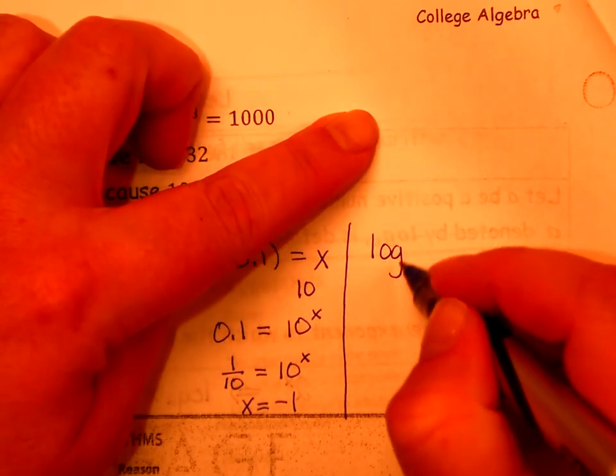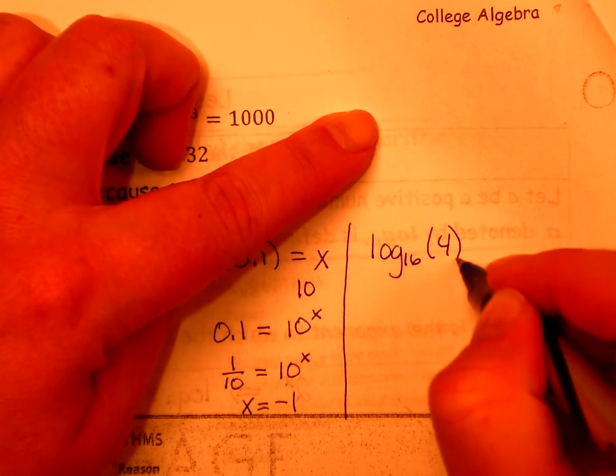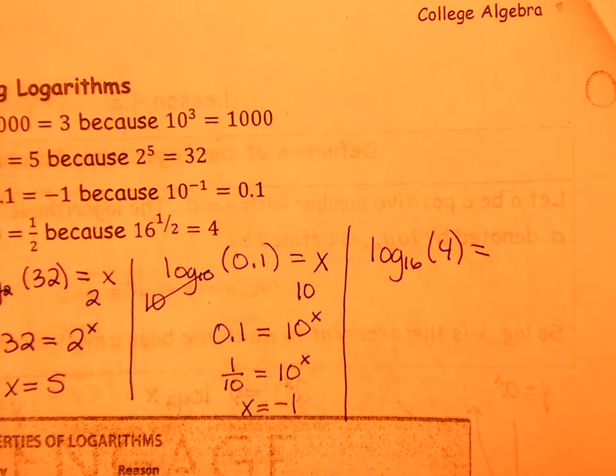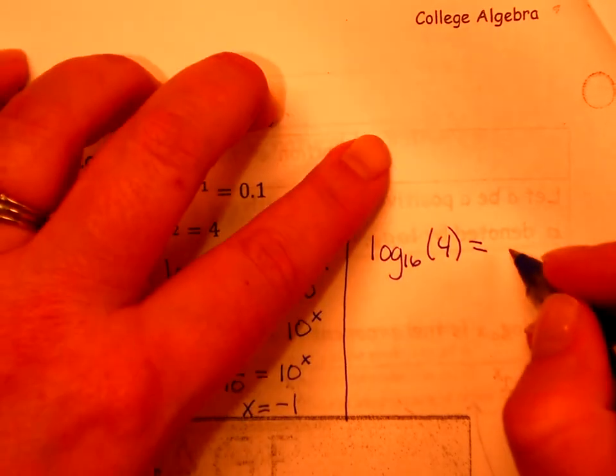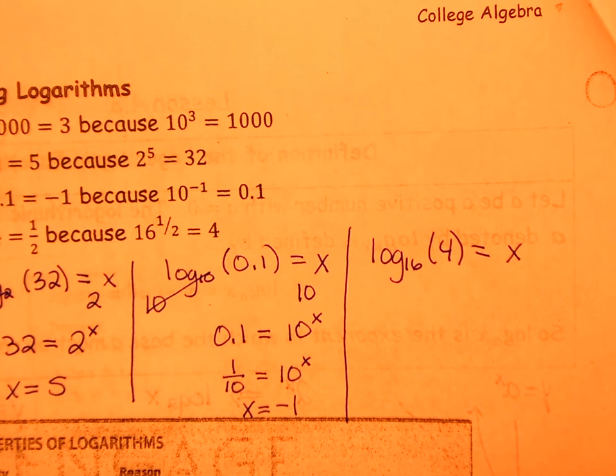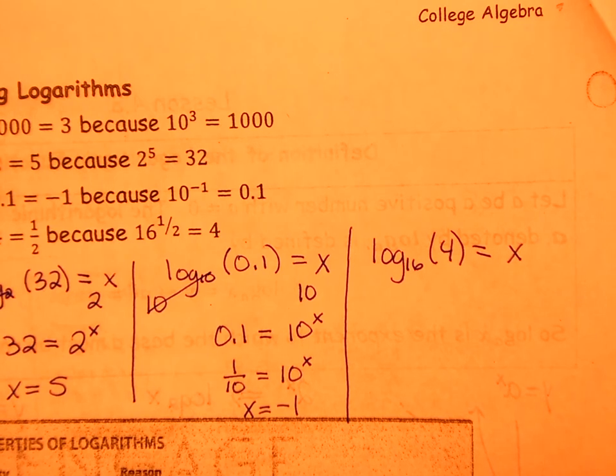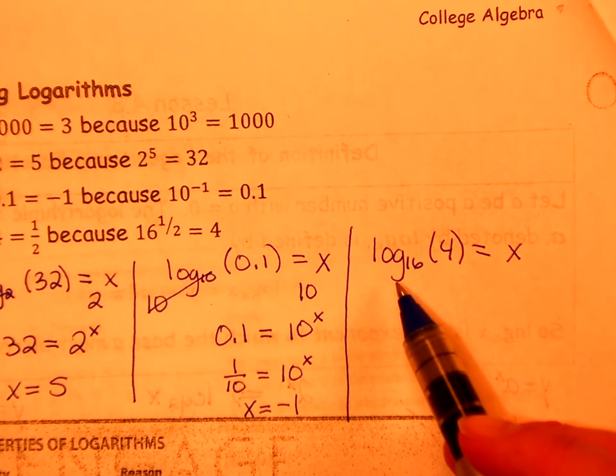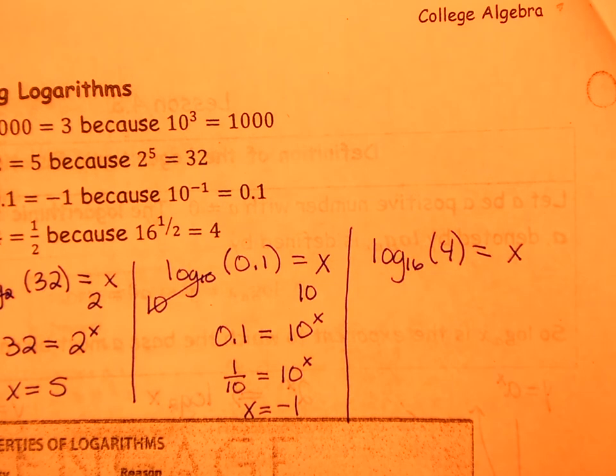Log base 16 of 4. Let's say we don't know it's a half. Let's set it equal to x and evaluate this. First thing, get it out of the logarithmic form into the exponential form.